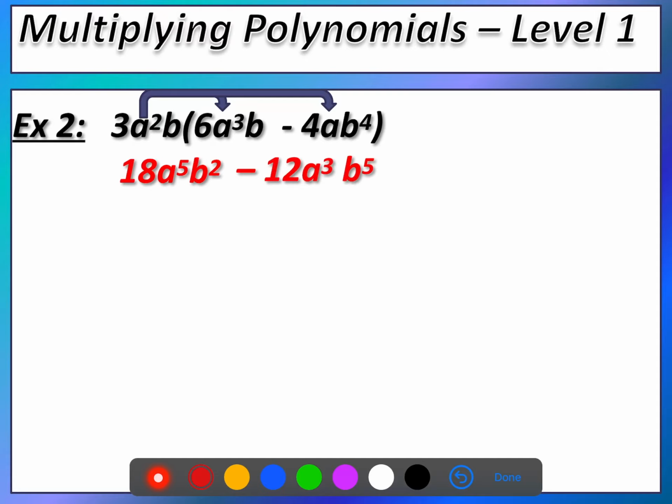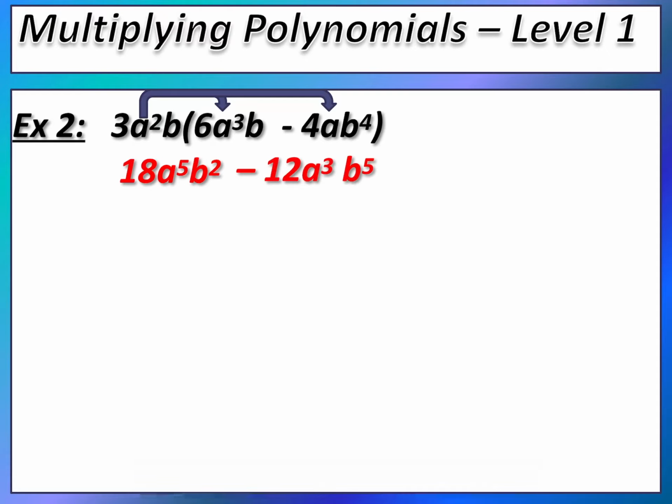So anytime you perform a separate distribution, you should put down a separate term. Now when I look at these, a to the 5th b squared does not match a cubed b to the 5th. While they have the same variables, they do not have the same exponents, and they are not like terms, which means we are not combining anything, and that is your final answer.